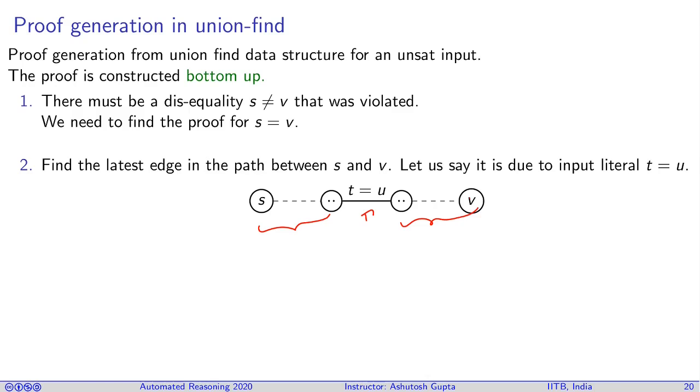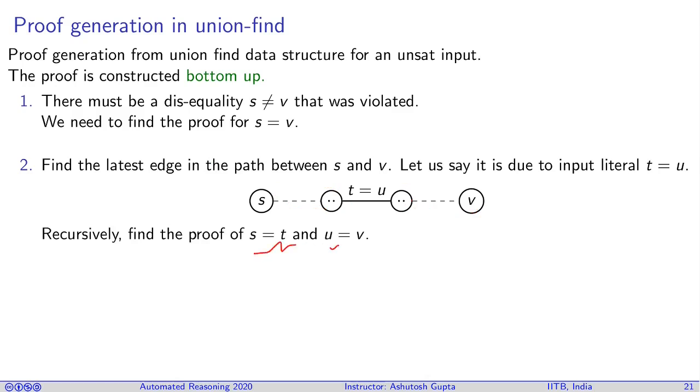Now you want to figure out who caused T equals U. Probably you added it because of its input, and you also want to figure out what made S and T equal and U and V equal, and we search for these proofs recursively. At some point all this recursion ends up at single edges where you have a label saying which equality made it happen, and there you have leaves.